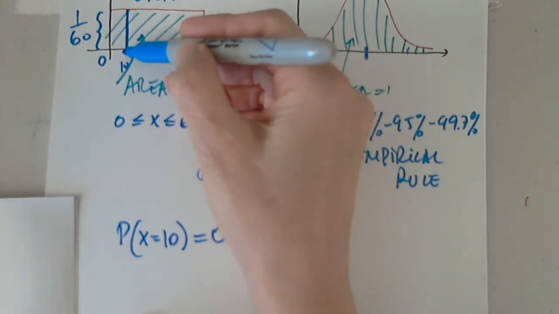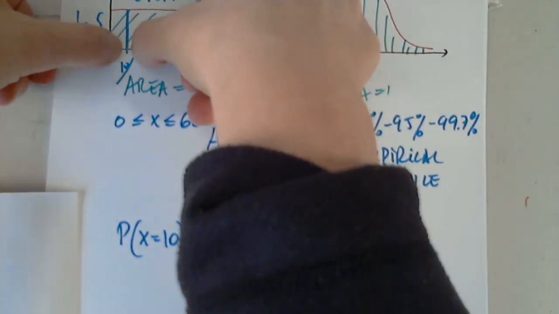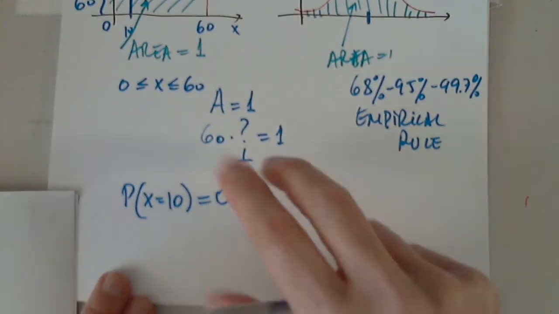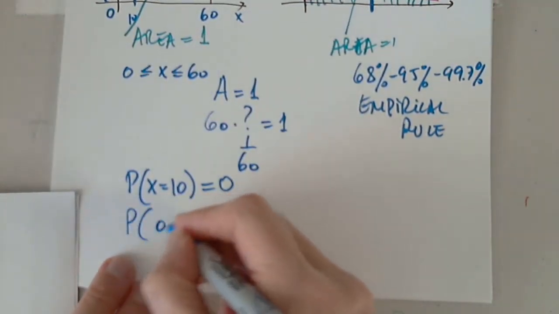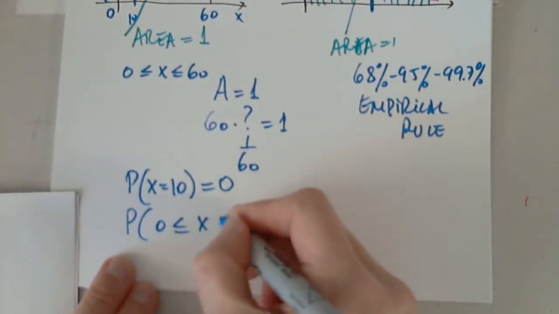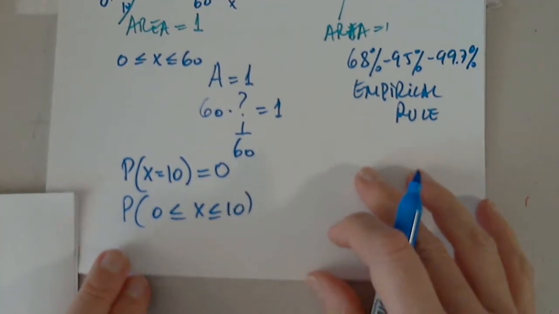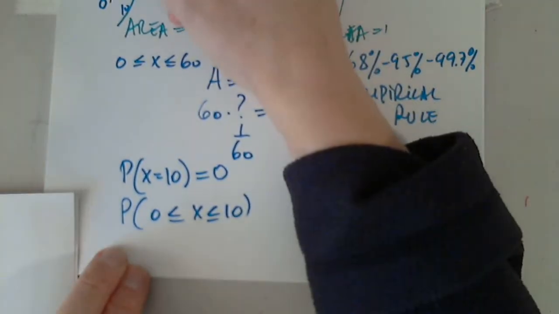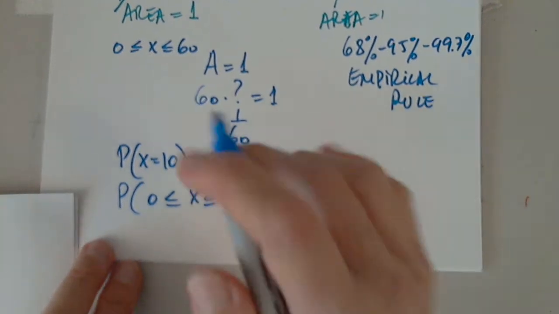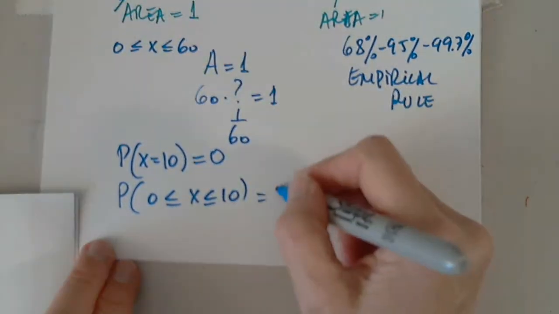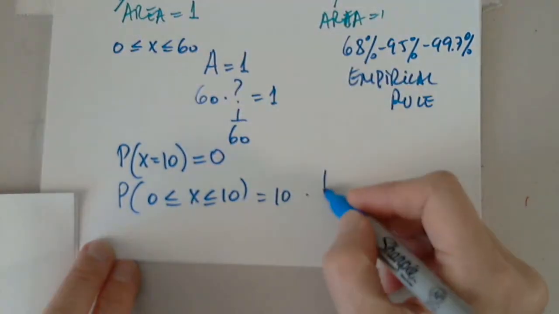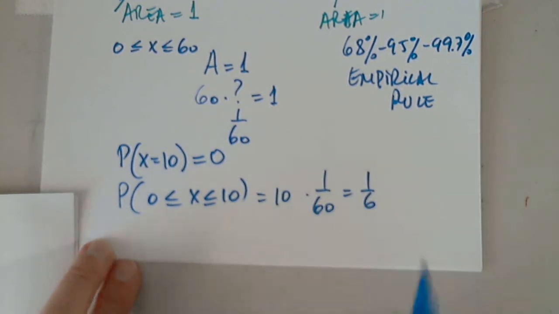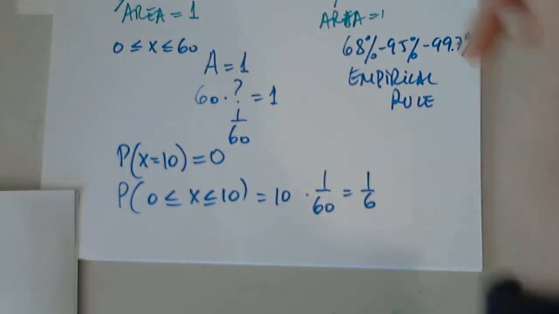There is no width for one number. But if I want to determine the probability between 0 and 10, then I have to determine this area. And that is possible. Base, which would be 10, times height, which is 1 over 60, so it's 1 over 6.